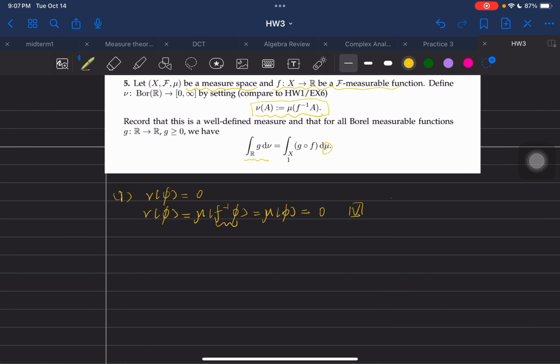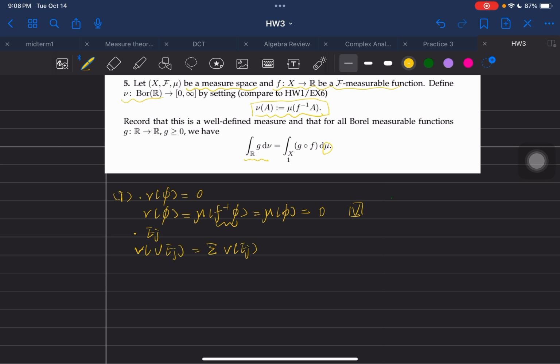And another property is if we have some disjoint measurable sets, then the measure of the union of those measurable sets would equal the summation of the measure of each set. Okay. And now notice we're working with the Borel sigma algebra.